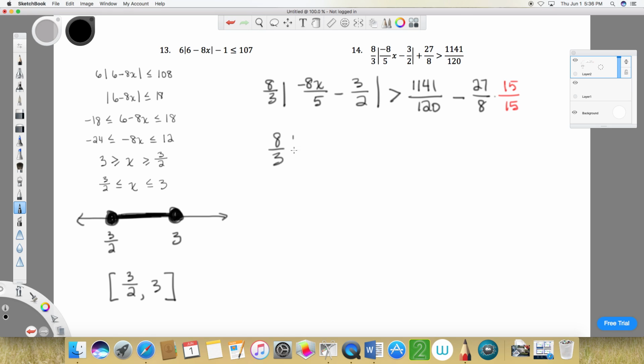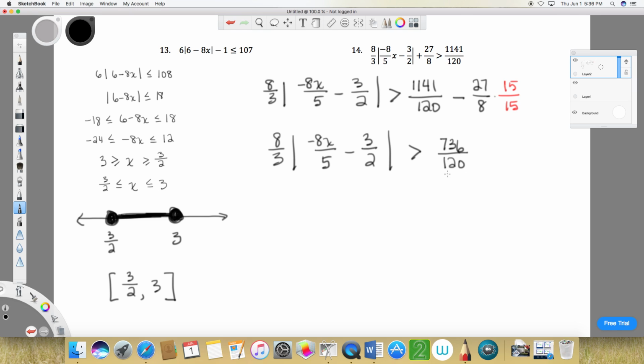Here I have 8 over 3 times this absolute value as being strictly greater than, like I say, I've got my denominator of 120, but I don't know what 141 minus 27 times 15 is. So I'm punching that in a calculator, and I get 736.